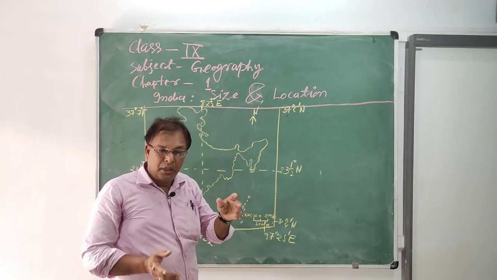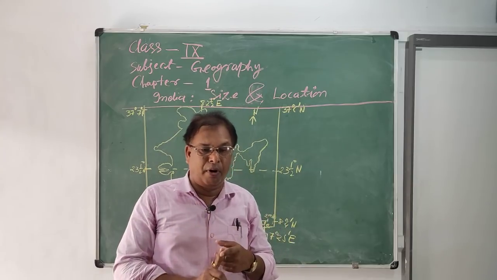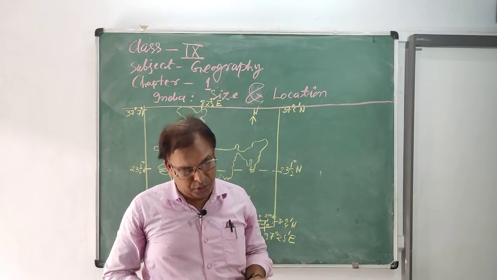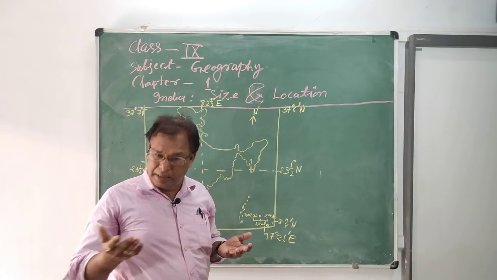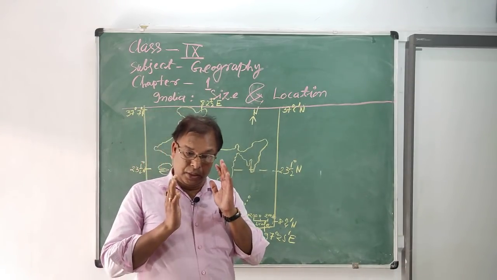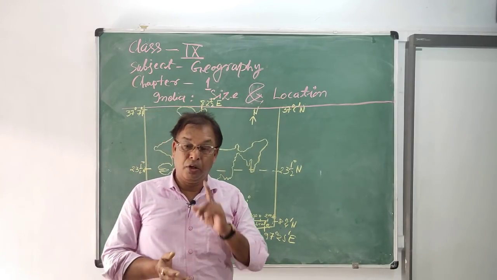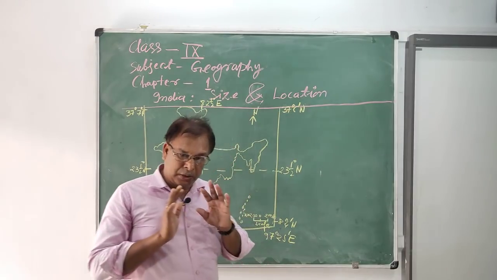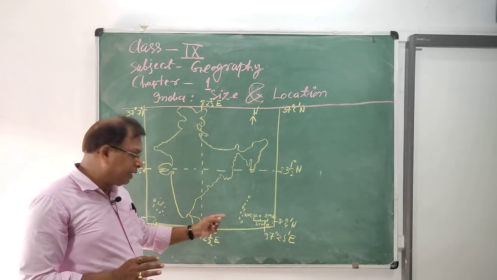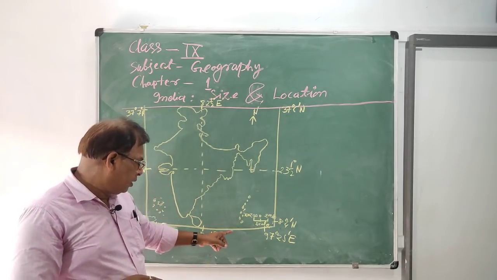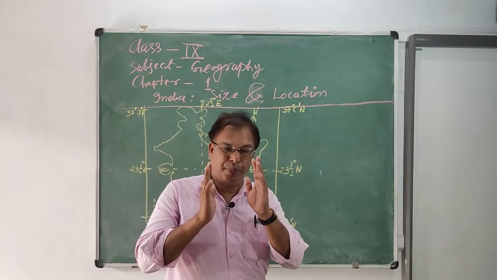That means any place is located with the help of latitudes and longitudes. What is latitude? You have also studied it in class 6. Latitude is an imaginary line drawn on the globe or the map to locate a place from the equator and the prime meridian.